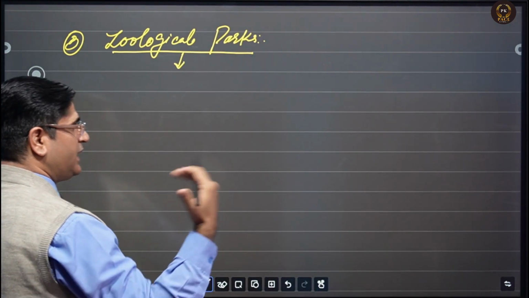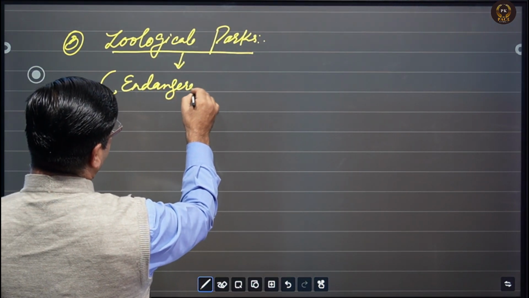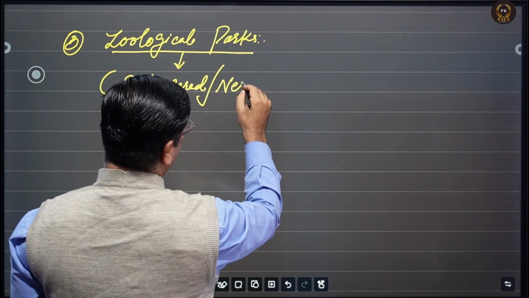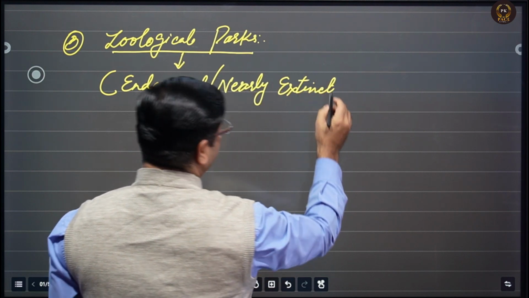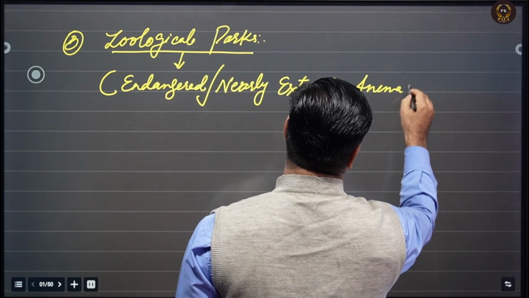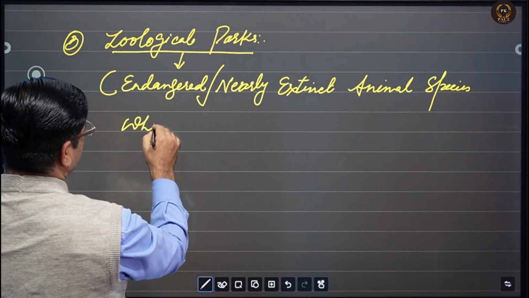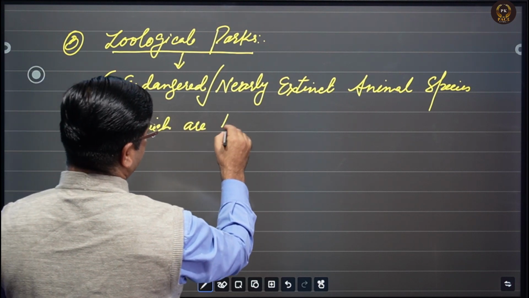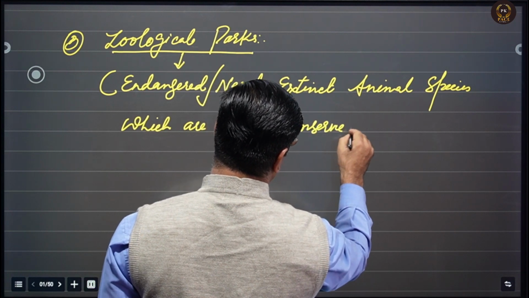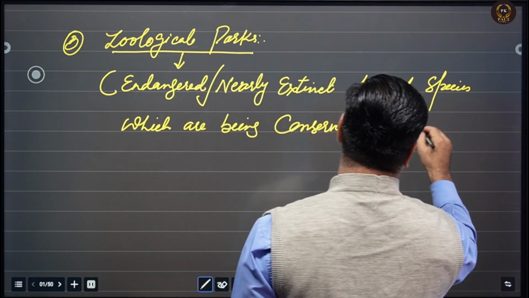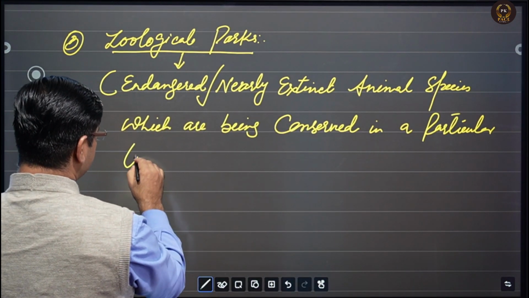There is also a logic behind this: endangered or nearly extinct animal species are being conserved in a particular tract of land.